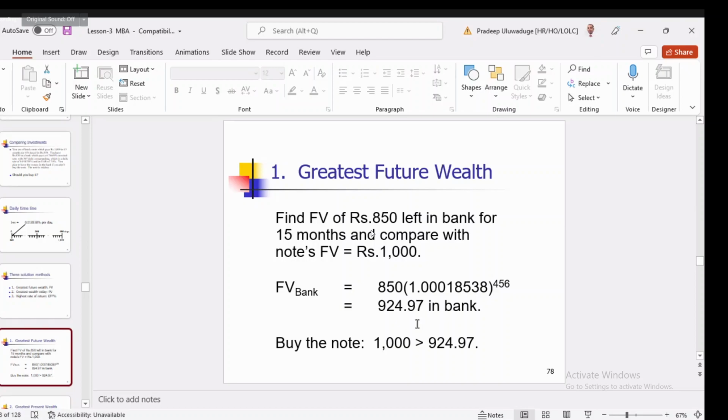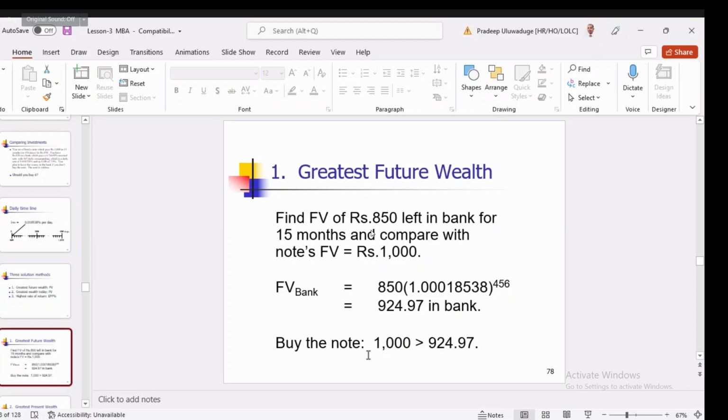You compare these two and decide to buy the note, as one of you has answered, since 924 is less than 1,000 rupees. So buy the note. That is one way of making the decision.